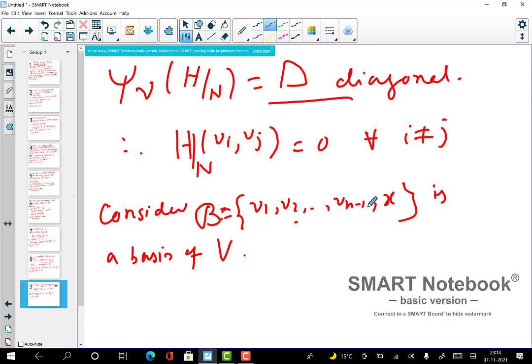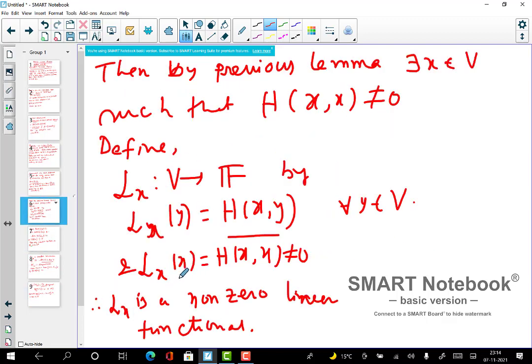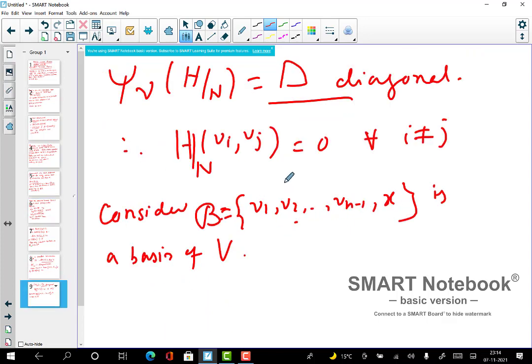Because x is not inside the null space, since Lx evaluated at x is non-zero, as we have shown. So x cannot be inside the null space of Lx, and hence it is linearly independent with v1, v2, up to v_{n-1}. This linearly independent set of cardinality n forms a basis of V, as the dimension is n, right?